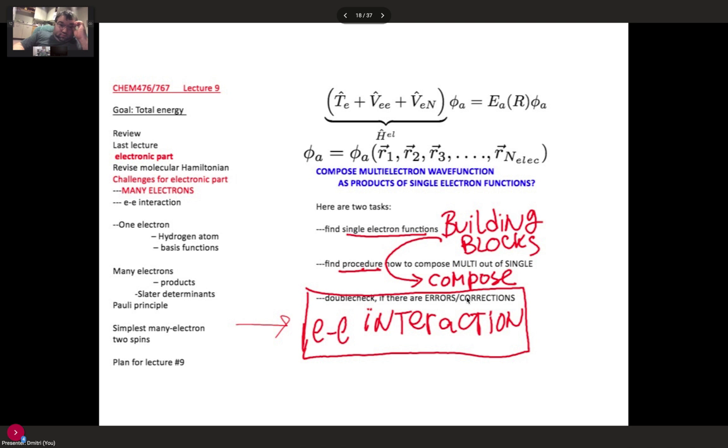So the challenge that we want to address is to design a way to factorize many electron wave functions in the form of one electron wave functions in such a way that it will take into account these crazy features about symmetry, about Pauli exclusion, that we are going to practice standard separation of variables that people do in partial differential equations.